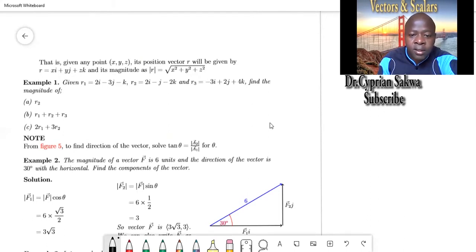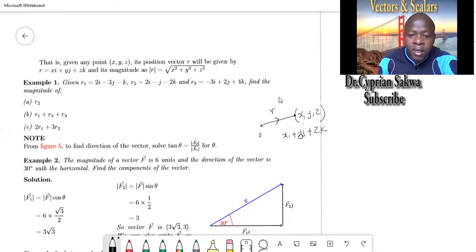So if this is my origin, and this coordinate is x, y, z, then the position vector r will be given by xi plus yj plus zk. That's what I've just written here.